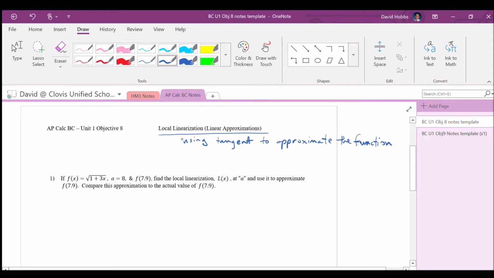Okay, now why are we able to use a tangent line, something that's straight, to approximate curves potentially?